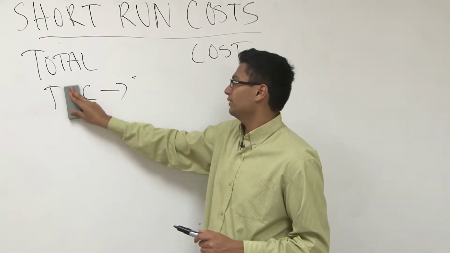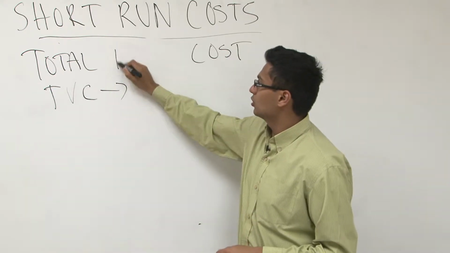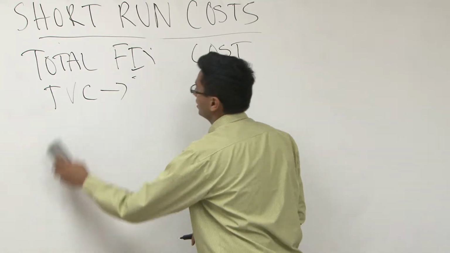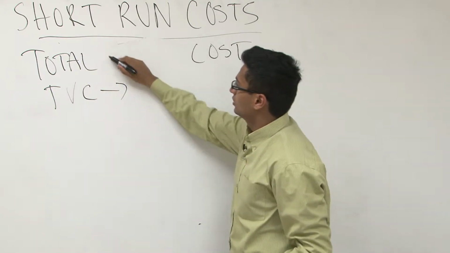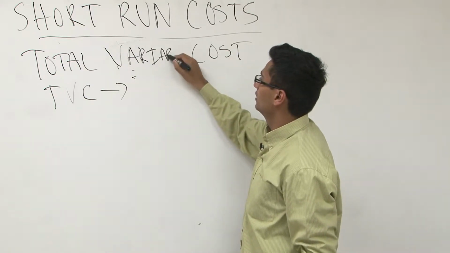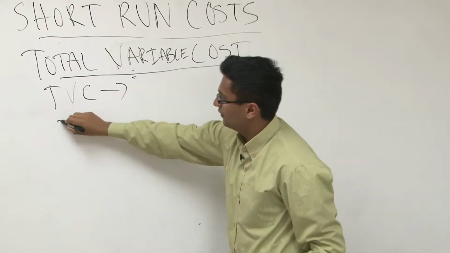This F is going to go away, and like magic, it's going to turn to TVC. So it's total fixed, total variable, I apologize. Total variable costs. Okay, so what's total variable cost, or TVC?